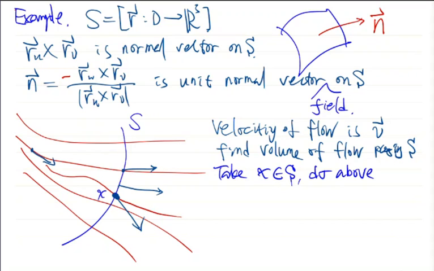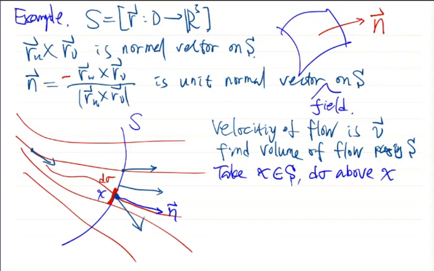That is a small piece of surface containing this point. This is d sigma. Then assume that the unit normal vector consistent with the orientation at the point x is n. This is n.